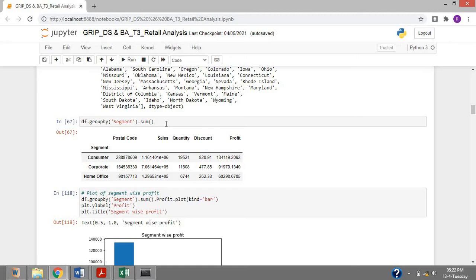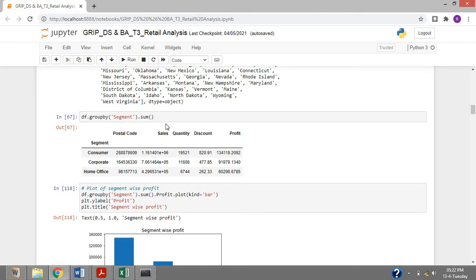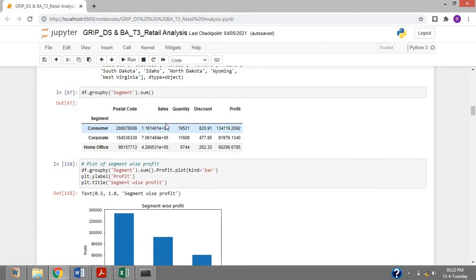Now we are interested in finding the segment-wise profit. The customers have been classified into three segments, namely consumer, corporate, and home office. What is the share of profit among these segments? How do we do this? Using group by.